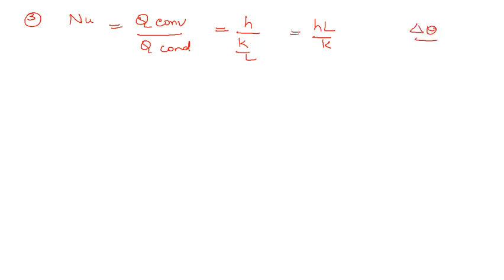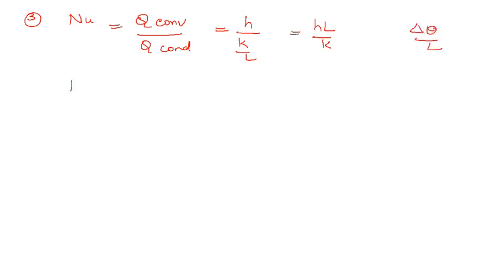Thus, Nu is given as Q convection by Q conduction, or it can be written as hL by K. So it is the ratio of the heat transfer rate Q to the rate at which heat would be conducted within the fluid under the temperature gradient, which can be written as delta T by L.